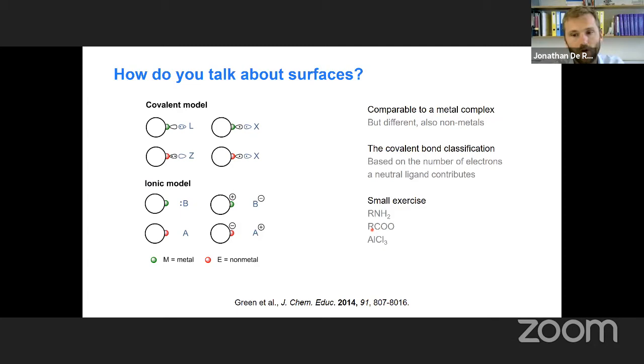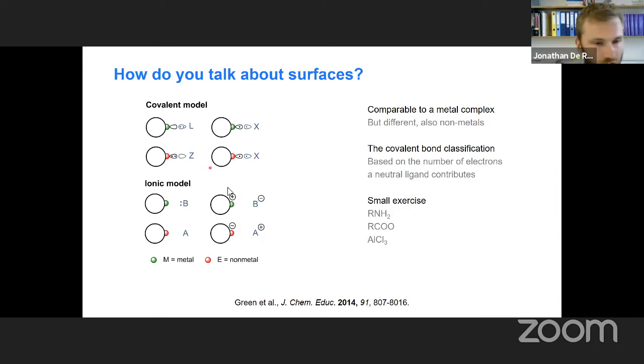And so a carboxyl radical, if you want, donates one electron to the nanocrystal-ligand bond. And so a carboxylate is an X-type ligand. Aluminium trichloride is a Lewis acid, having an empty orbital, and so that's a Z-type ligand.